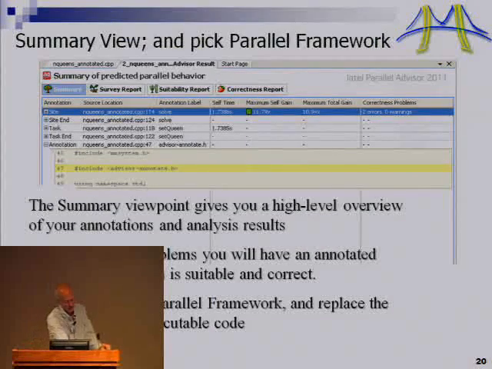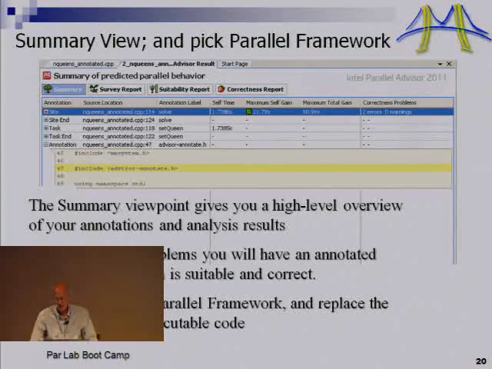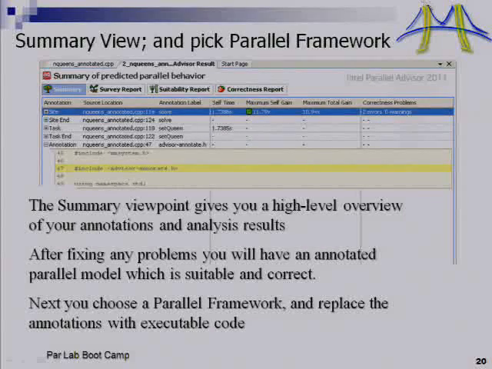So earlier I mentioned the summary view. It shows you your performance and the number of correctness problems. Now this is the NQueens program, and as we saw earlier, we're only looking at one parallel region. There's only two errors.